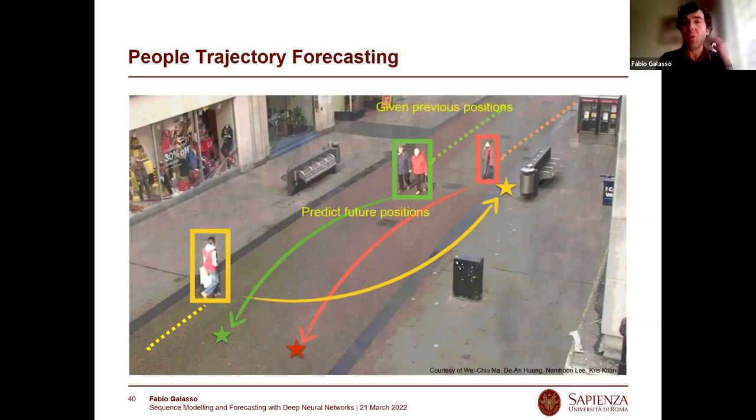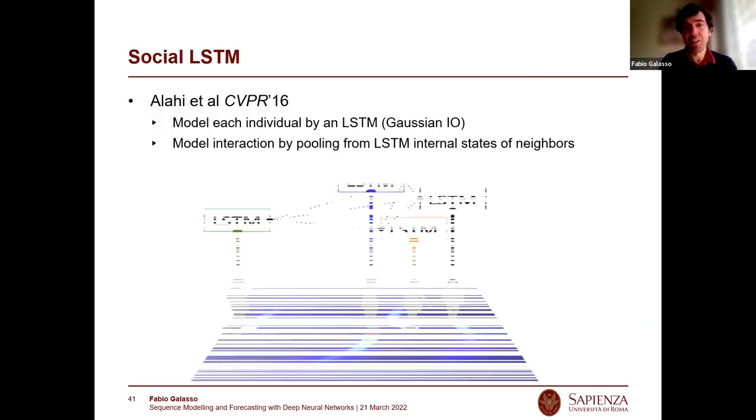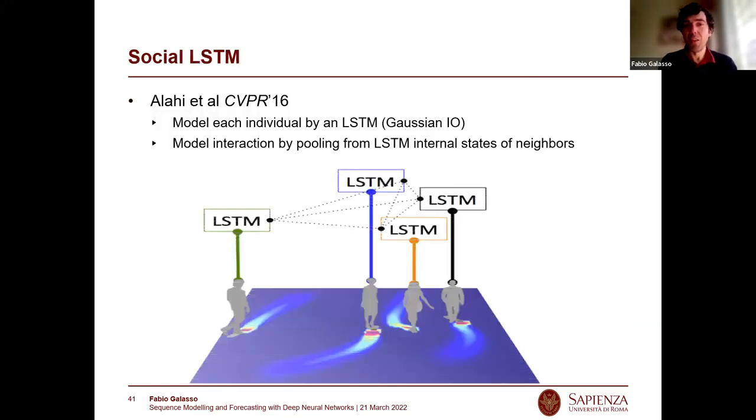For example, we have applied this to trajectory forecasting, and you can take the internal state and say the internal state now represents the status of each of my agents. So I've got people, and I want to be observing people and predicting them into the future.